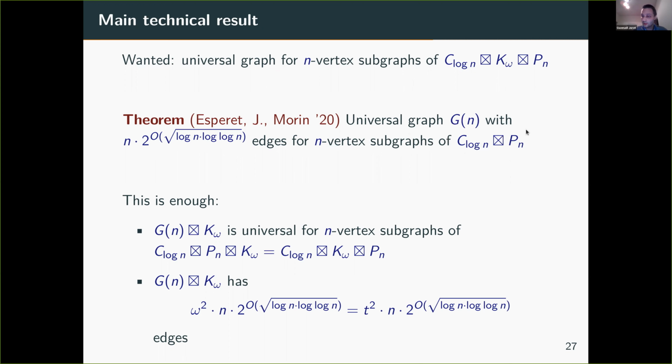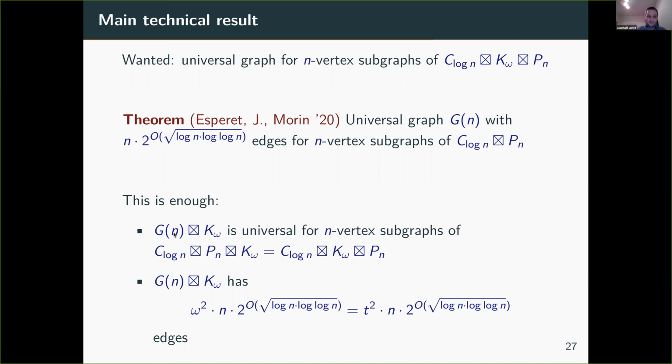So you might say, how good is that? Because we were interested in n-vertex subgraphs of this thing, not of this thing. So the clique is missing. But once you have a universal graph for this thing, you can simply take the universal graph and substitute each vertex by a clique of size omega, and then it becomes universal for this thing.